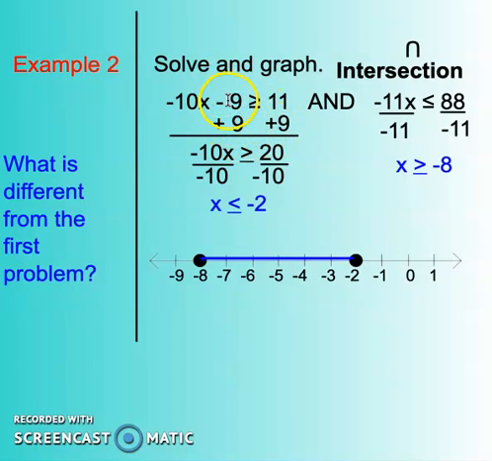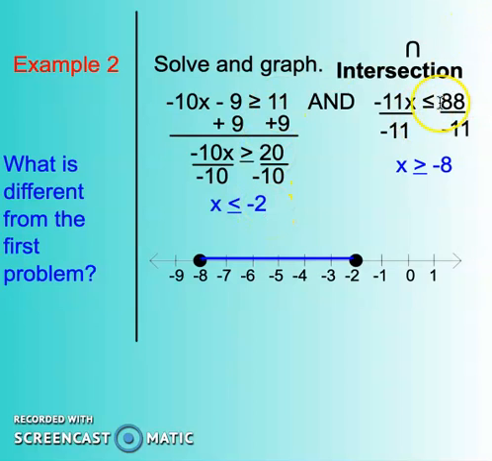So instead of minus 9, we did addition. And then instead of multiplying by negative 10, we divided by negative 10. Now, remember though, when you divide by a negative or multiply by a negative, the symbol switches. So look what happens. The symbol did switch on this inequality. So we have x is less than or equal to negative 2.